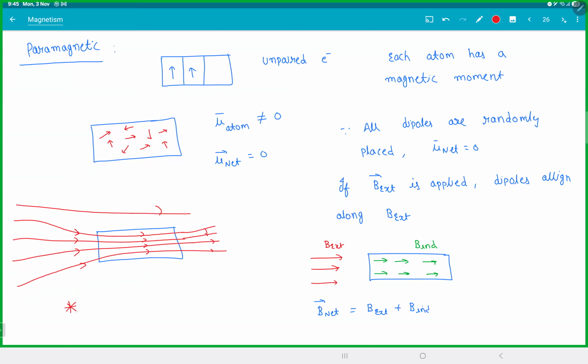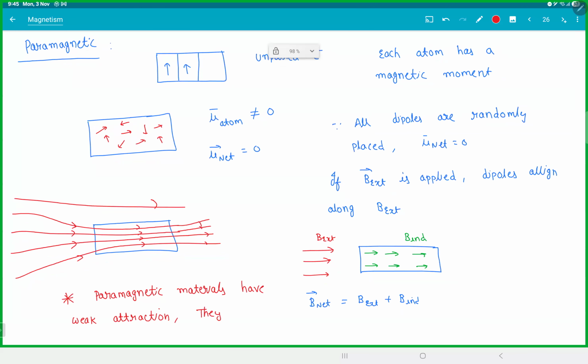So if you see now, paramagnetic materials have weak attraction. And they move towards strong magnetic fields. Since they get attracted, they will go towards the strong magnetic fields.